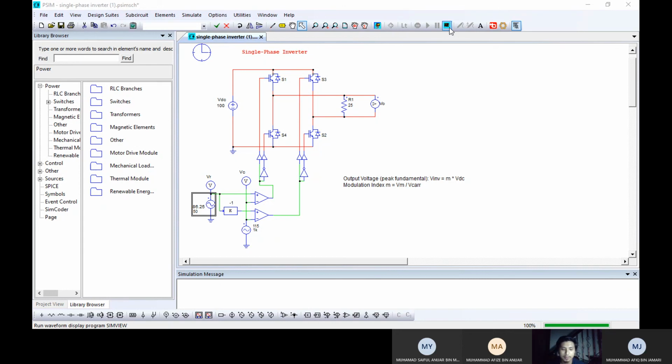For the first step, we click VR2 and VC and adjust VC. After that, it will generate the full length waveform of one cycle that consists of VR2 and VC.